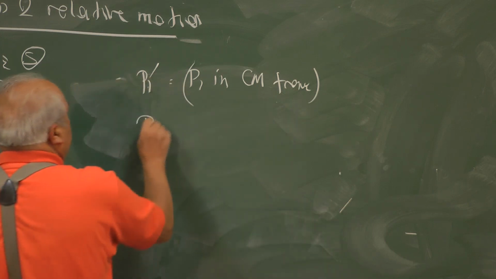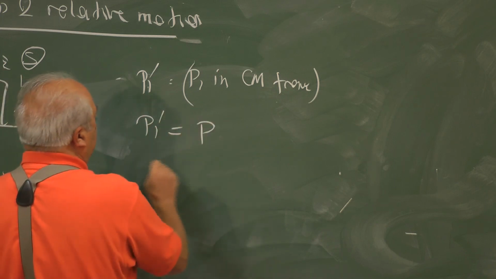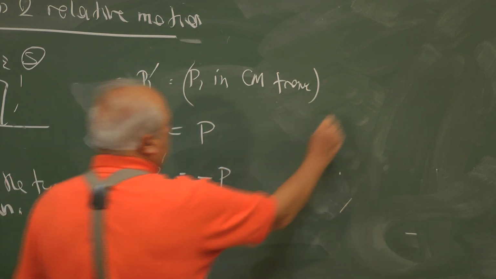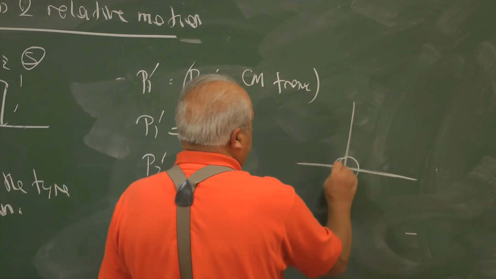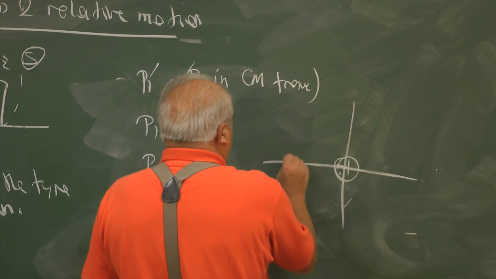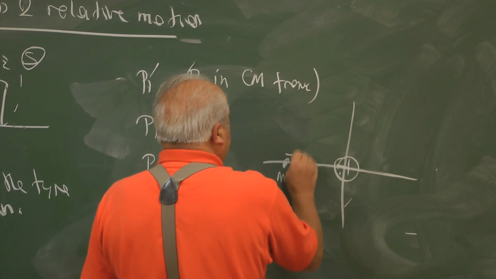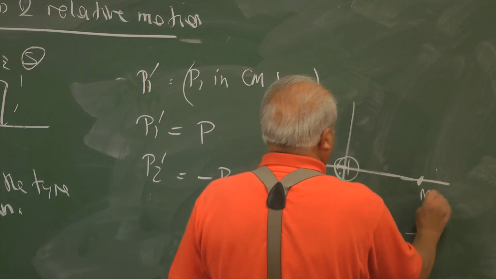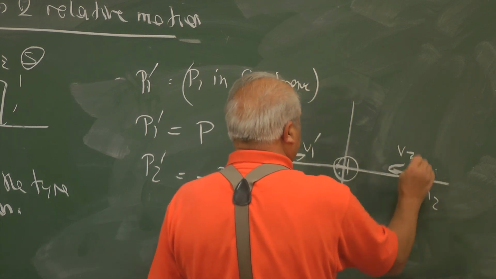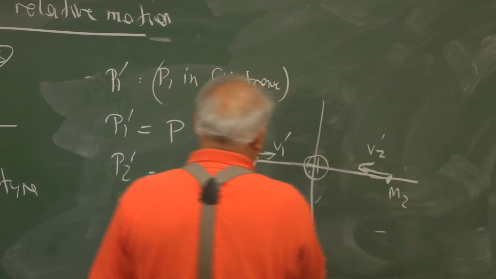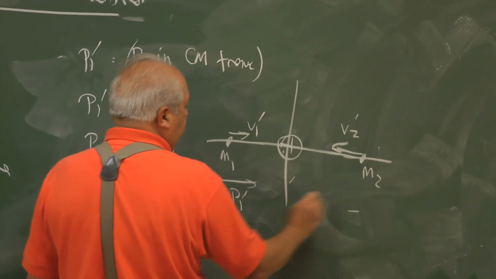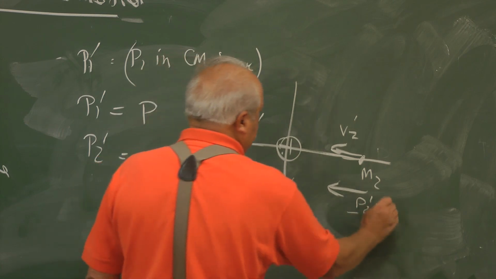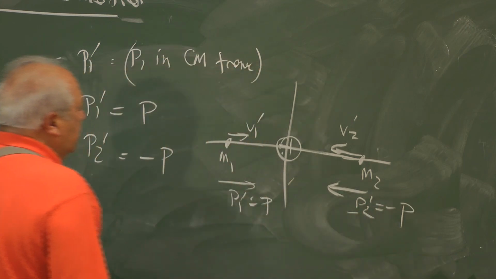So P1 prime is equal to P, P2 prime is equal to minus P. So if you are at the center of mass, M1 is coming to you with V1 prime, and M2 is coming to you with V2 prime, or momentum P1 prime, P2 prime. This is P, and this is minus P.